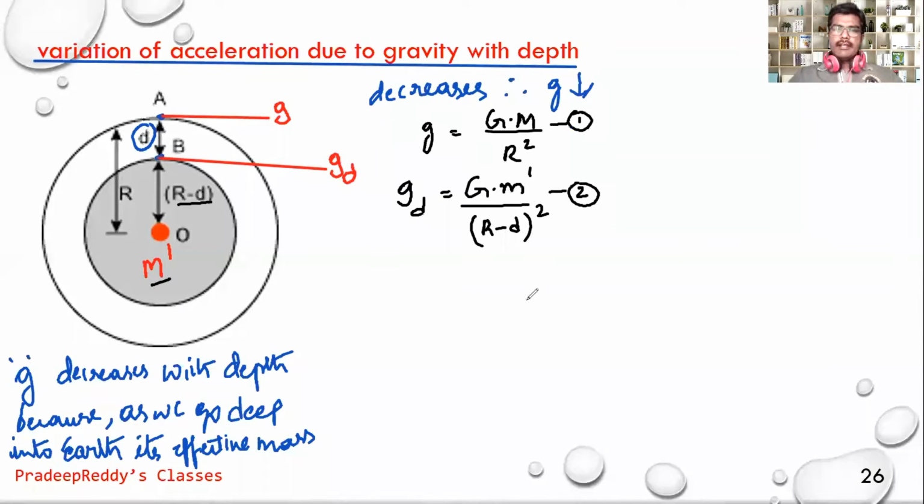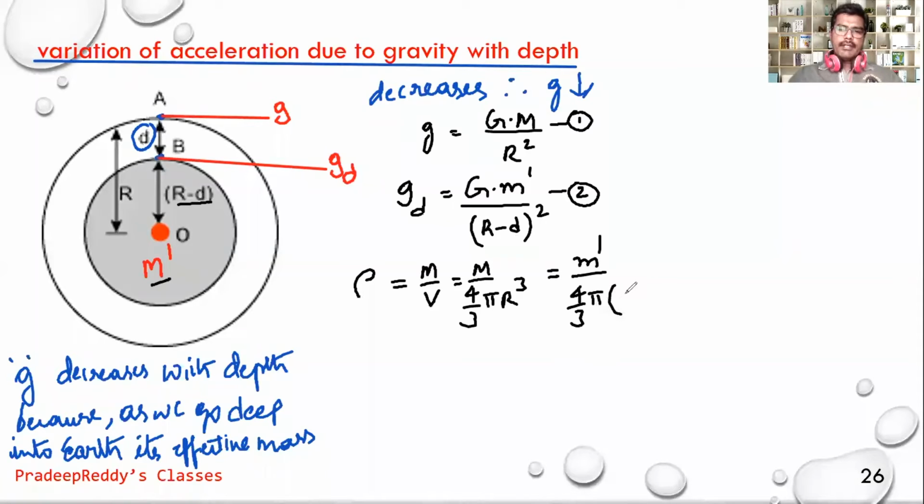I will now calculate the mass of the planet, the effective mass of the planet. We know the density of the earth is mass by volume, which is capital M divided by 4 by 3 pi R cube. And this should be equal to M dash divided by 4 by 3 pi into (R minus d) whole cube, because density for the total earth would remain the same.